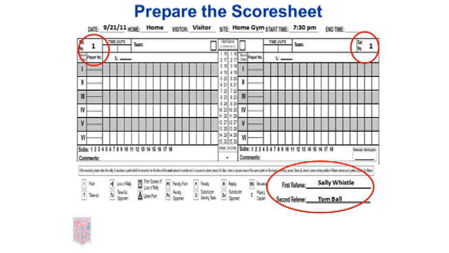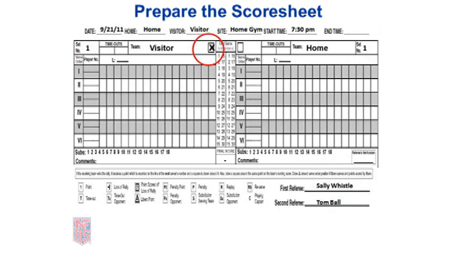At the bottom of the score sheet are written the names of the officials for the match. Sally Whistle will be the first referee and Tom Ball is the second referee. The first referee will inform the scorer which bench the home team has selected. The scorer will then write the team names on the score sheet according to the side the teams will be on during the set.